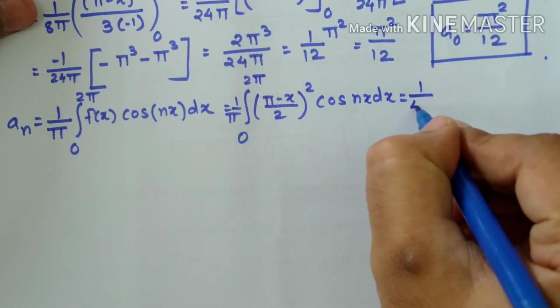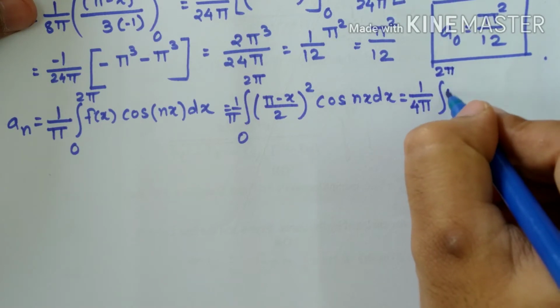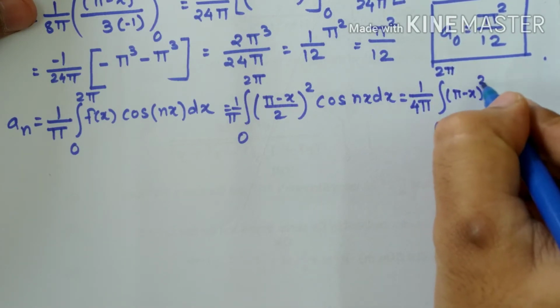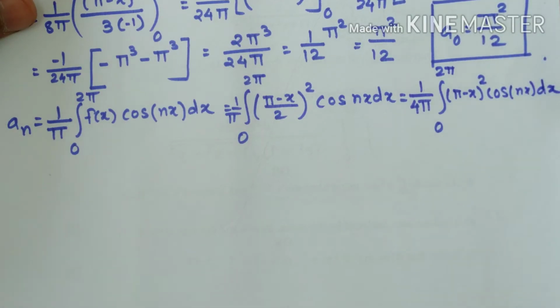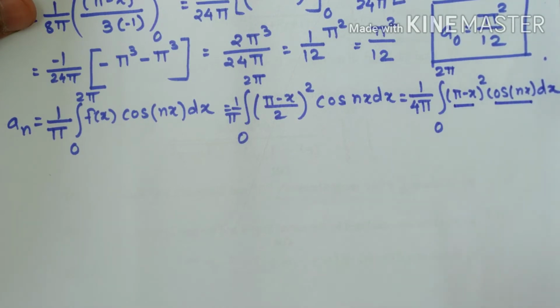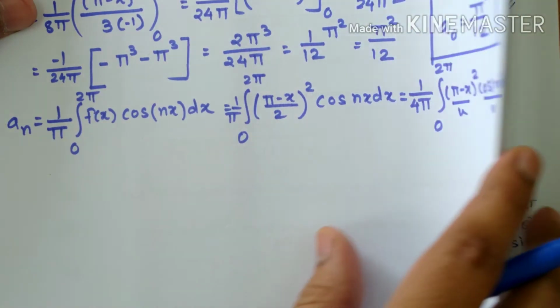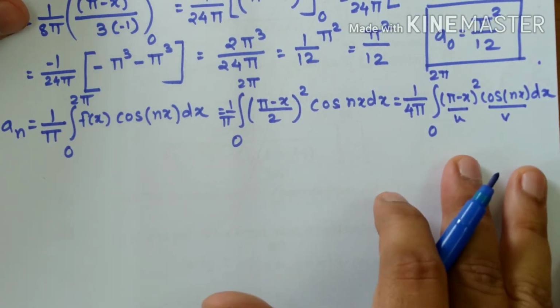We have 1 upon 4 pi outside, integration from 0 to 2 pi of (pi minus x) bracket square into cos nx dx. Now this is an algebraic term and this is a trigonometric term. So therefore this is the u into v rule we have to apply, that is integration by parts. We will follow the integration by parts, which is a general rule. General rule we are going to apply here.